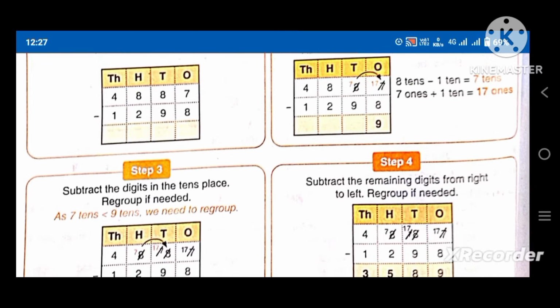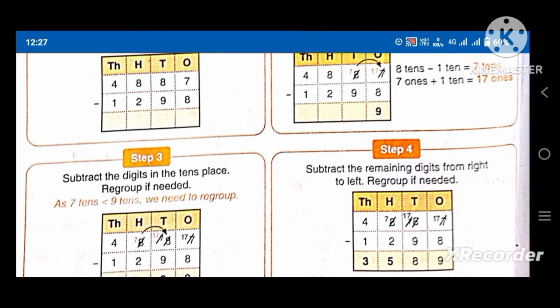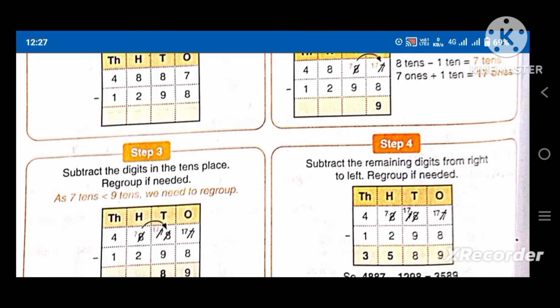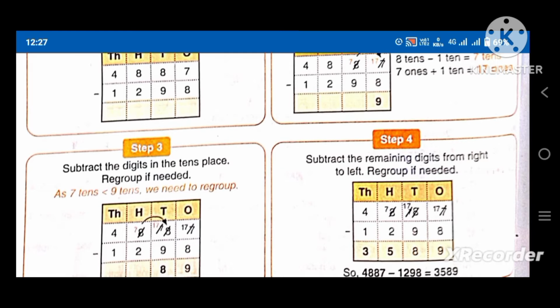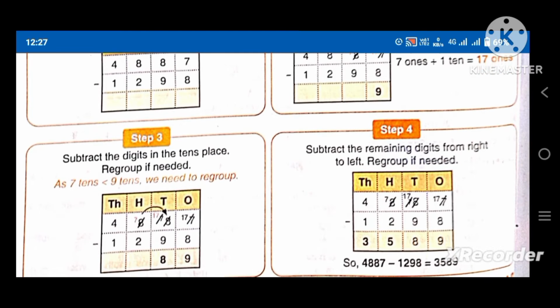Step 3, subtract the digits in the tens place, regroup if needed. Step 4, subtract the remaining digits from right to left, regroup if needed.